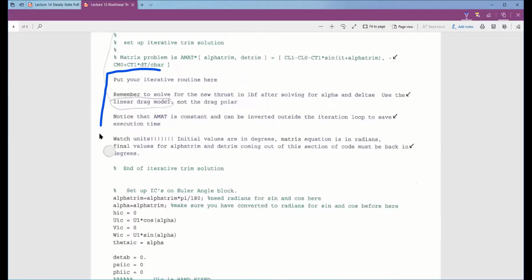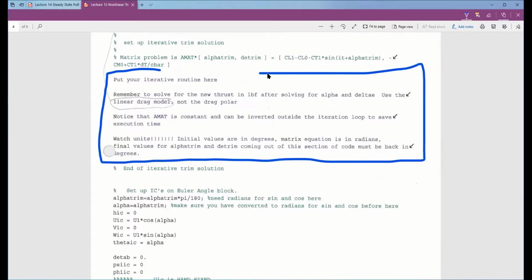So this file is on Blackboard, and all you're going to do is add a while loop. A while loop here is that while alpha, the angle of attack, changes by greater than 0.00001, it's in the homework.